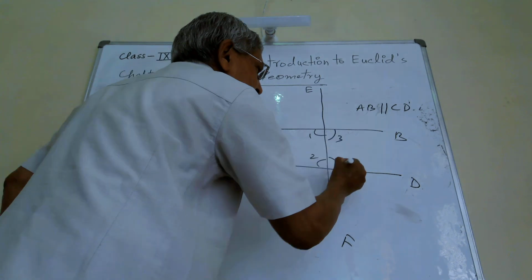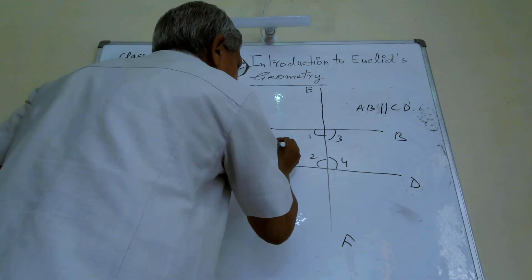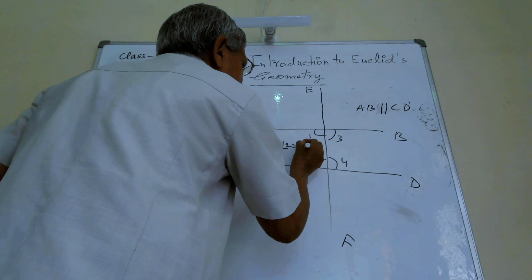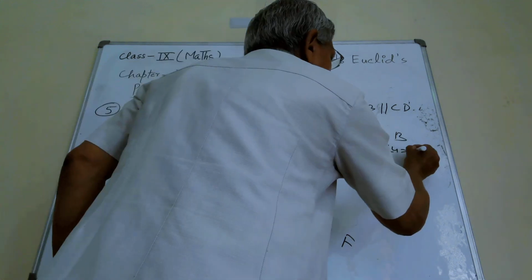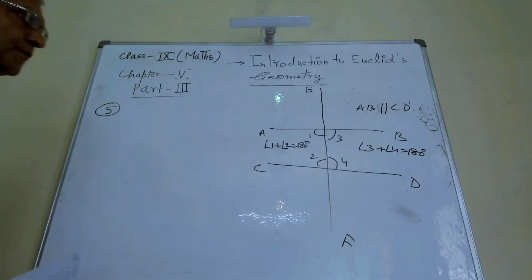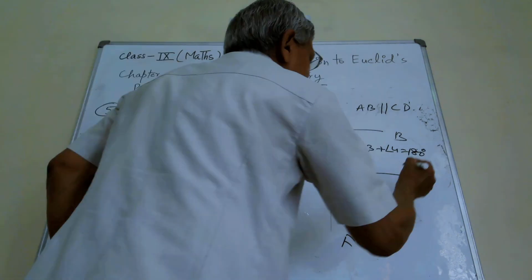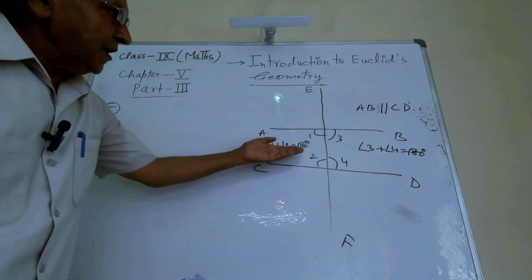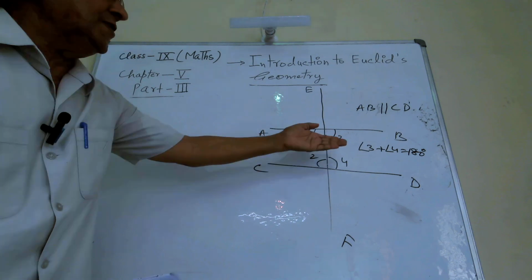Here, angle 1 plus angle 2 is equal to 180 degrees. Angle 3 plus angle 4 is equal to 180 degrees, because both the lines are parallel. So the sum of the interior angles on the same side is 180 degrees.